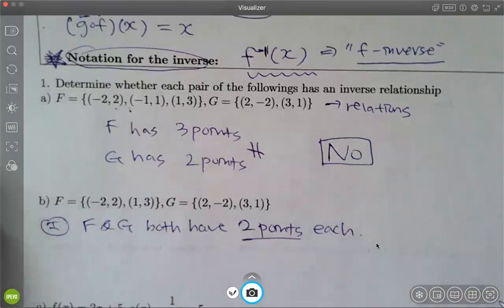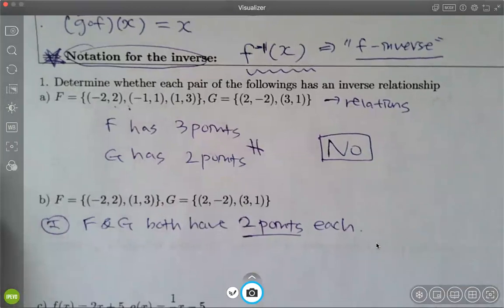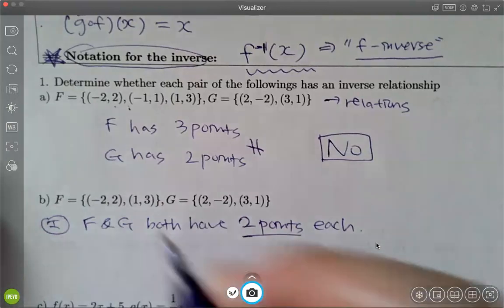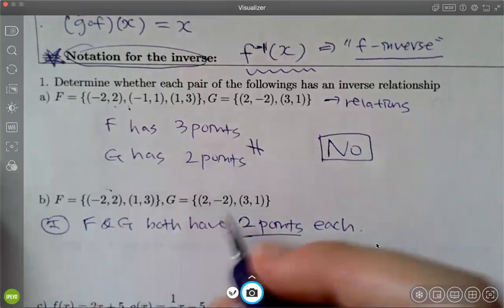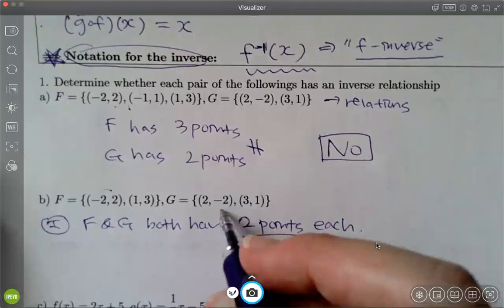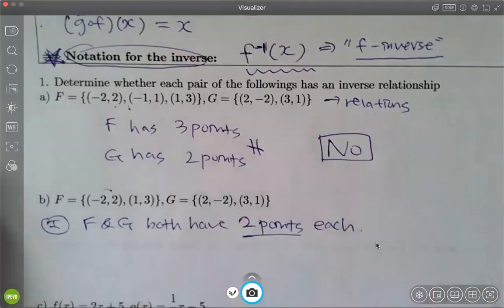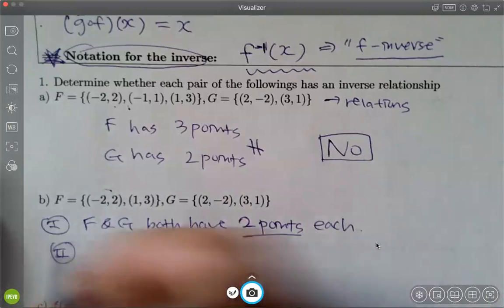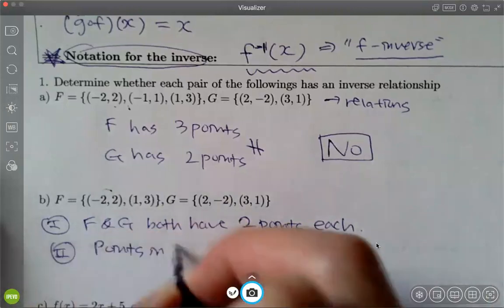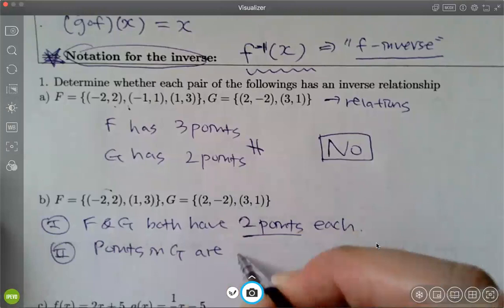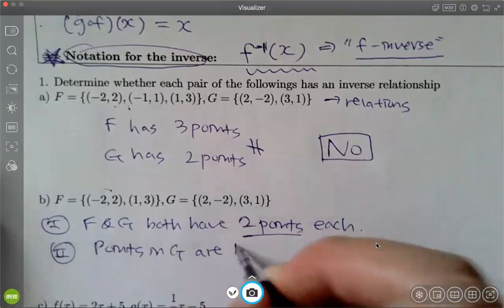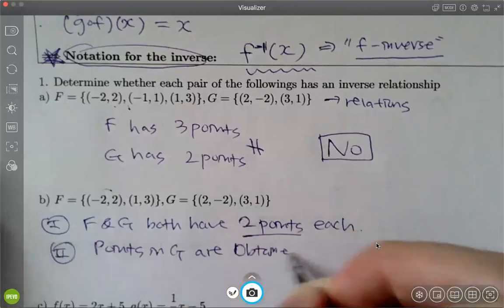Now, are the points in one relation obtained from the other by swapping coordinates? Yes, do you see that? Swap (-2, 2) and you get (2, -2). Swap (1, 3) and you get (3, 1). So the points in G are obtained by swapping coordinates.